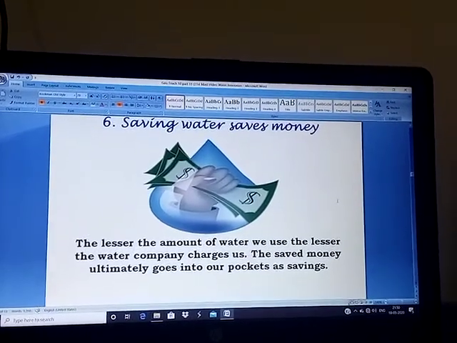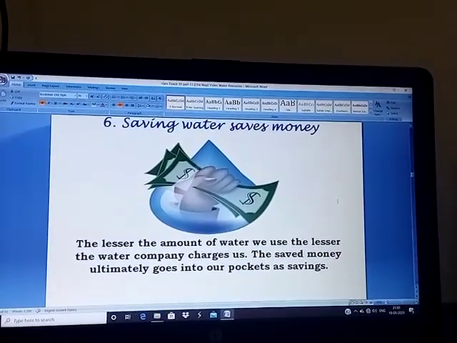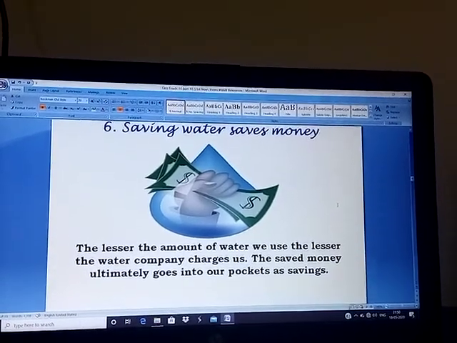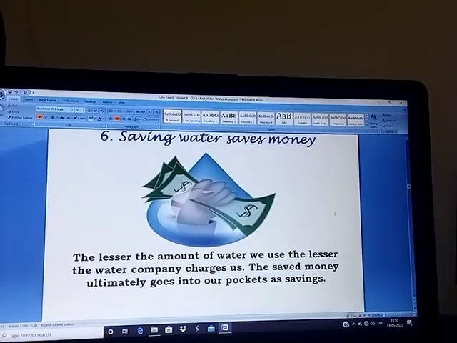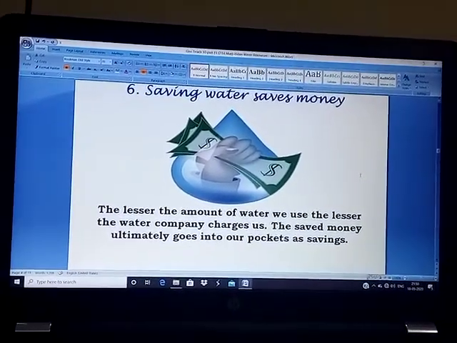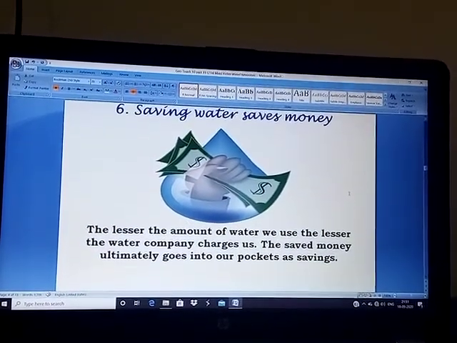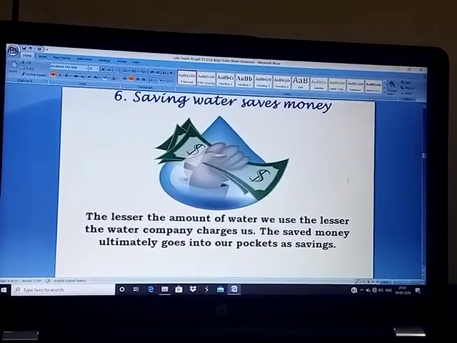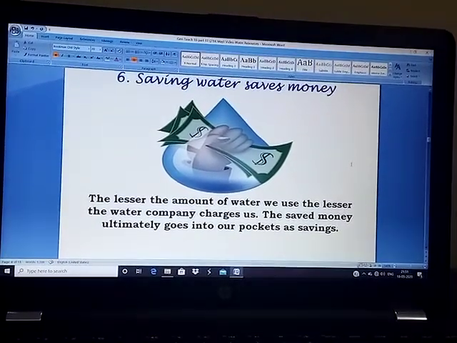Now, saving water saves money. How? Dear children, you may not be aware that nowadays water is bought. We pay for water. The lesser the amount of water we use, the lesser the water company charges us. Even the water you think that government is supplying, but government is somewhere rather taking the tax from us.